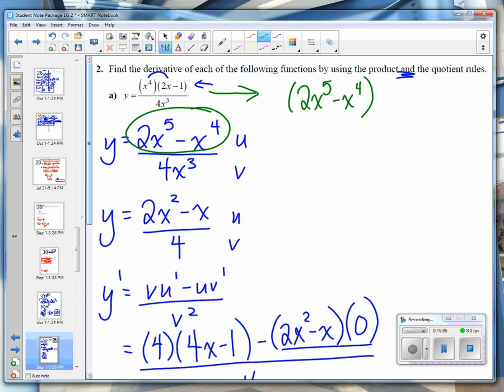If I wanted to use the product rule, I would just multiply by the basically reciprocal of what we see there. So it'd be 1 over 4 x to the power of negative 3. And then you could use the product rule with your u and your v. So just another method on doing the same thing, and if you're doing it right, you absolutely should get the same answer.